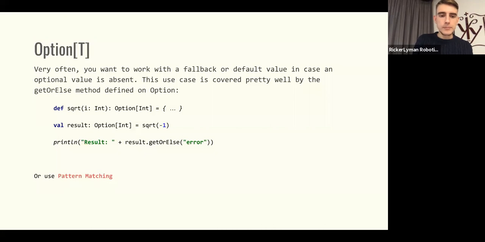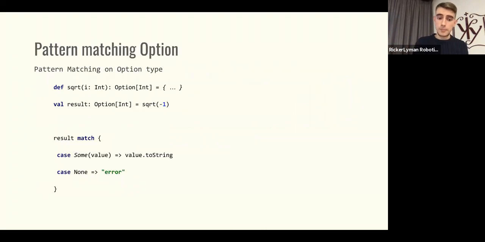Very often you would like to have something like a fallback logic, you want to get a result or otherwise return something else. So this is a way of doing this. We just write getOrElse in that case. Or we can use pattern matching, because the option is basically represented as case classes. So we can pattern match on option result. And this is one of the usual ways of handling options.